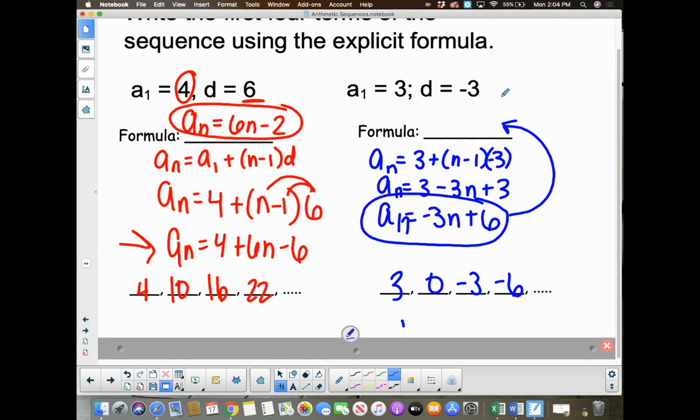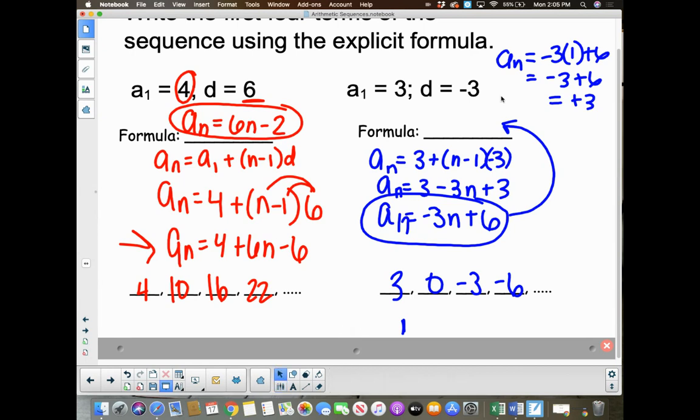Or I can put a sub n equals negative 3 times 1 plus 6. Negative 3 plus 6 gives me positive 3. Again, any questions you have, please make note of them so you can ask during office hours.